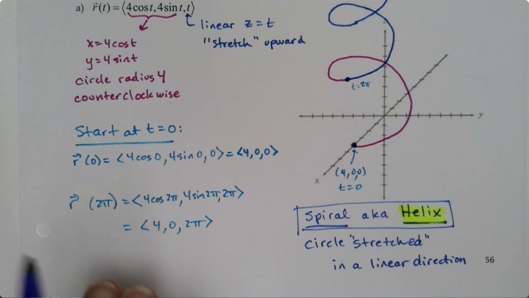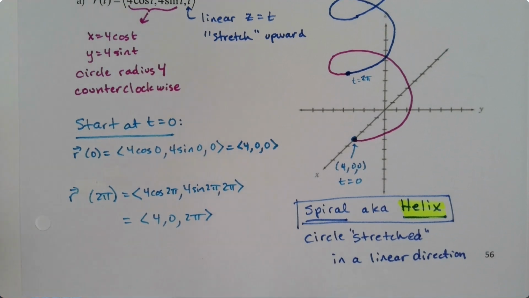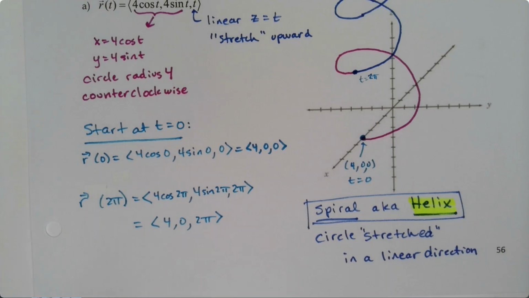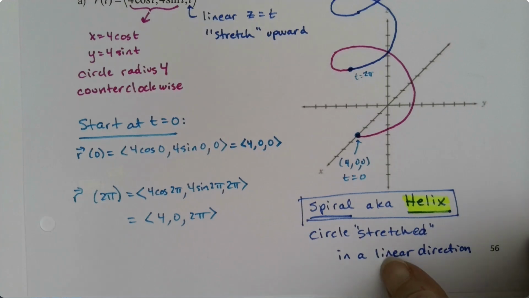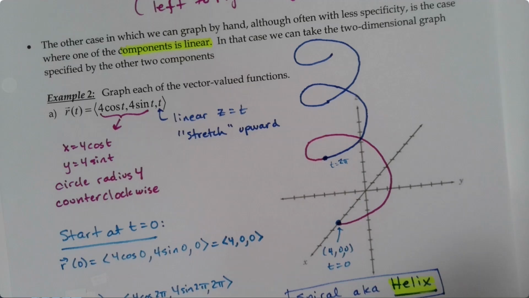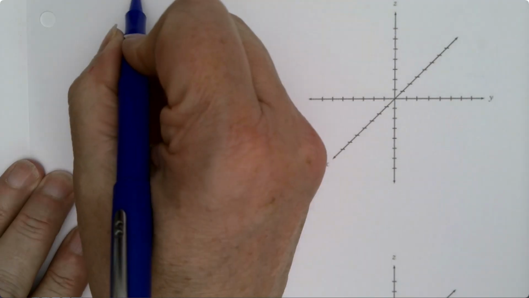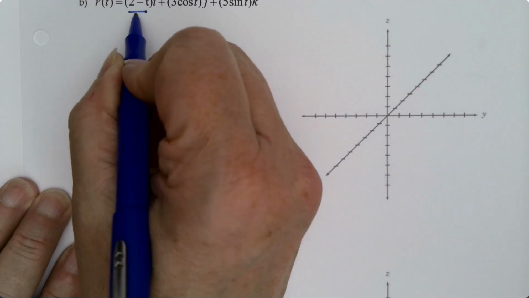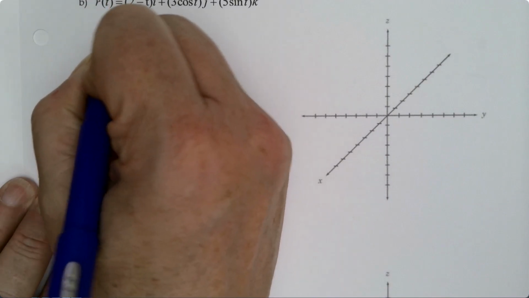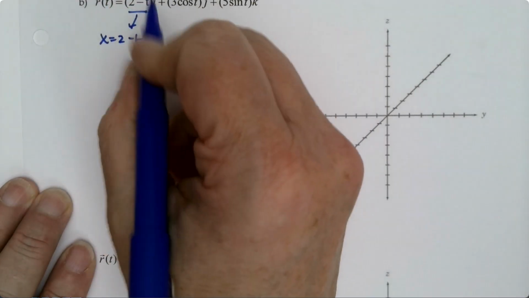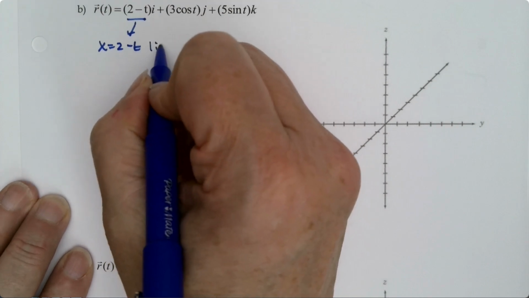All right, what if it's a straight line, but it's not one of the coordinate axes? Well, then it's still doable. It's just a little bit trickier to draw. Hold on, I gotta find my page. Here it is. Okay, so we can see the linear component is right here. x equals 2 minus t. That's our linear component.